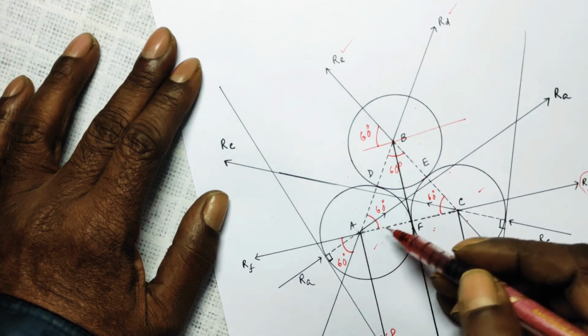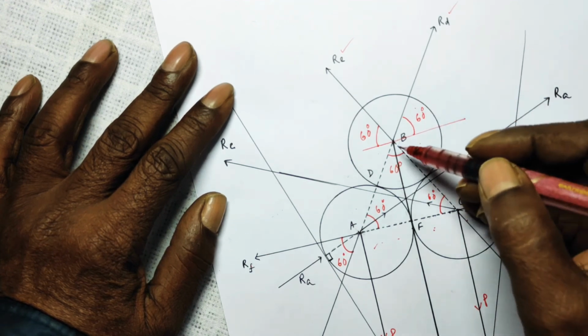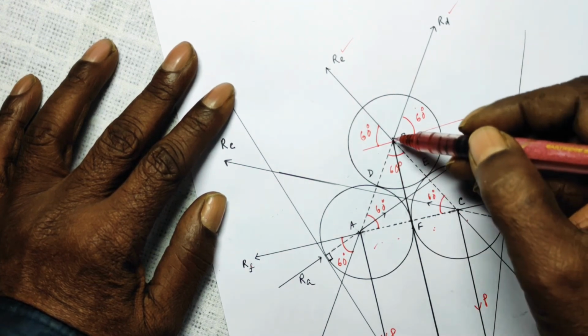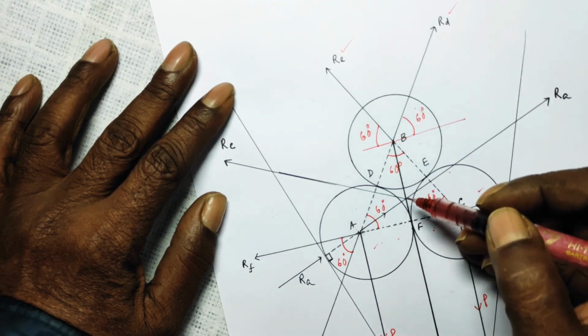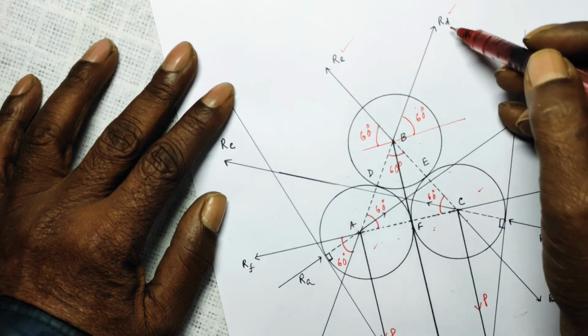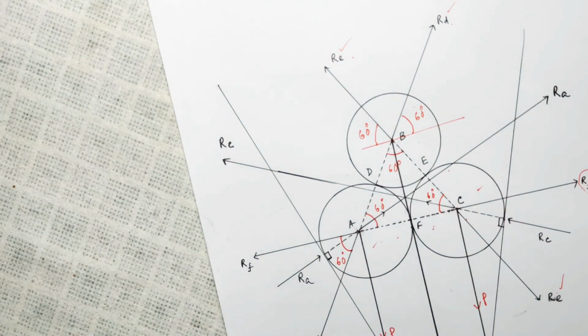And since this angle is 60, this will also be 60. Now the line of action of P is along y-axis. So only RD and RE will have horizontal and vertical components.